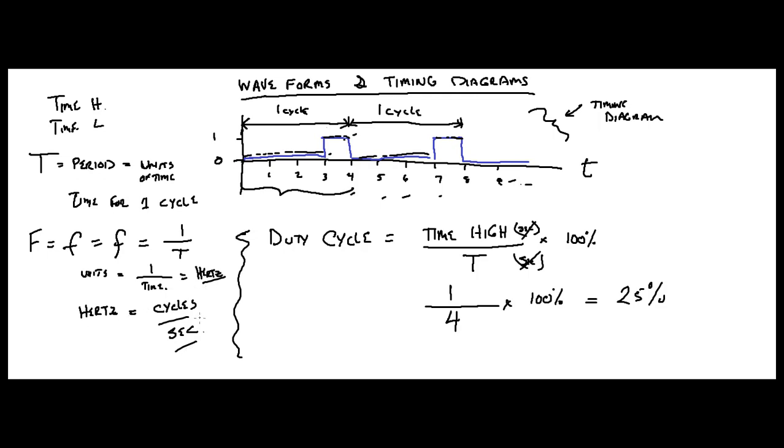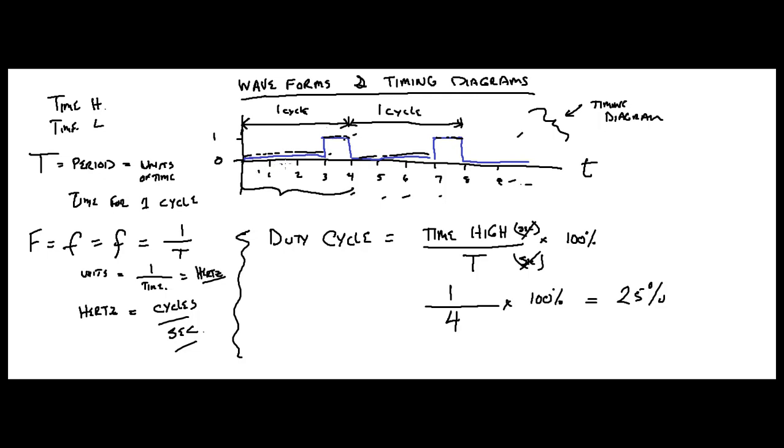per second. Alright? And finally, the duty cycle. The duty cycle is defined as the time high divided by the period times 100%. And so in the example which I drew up here, okay, it's high for one time period from 3 to 4, and the period is equal to 4, right?